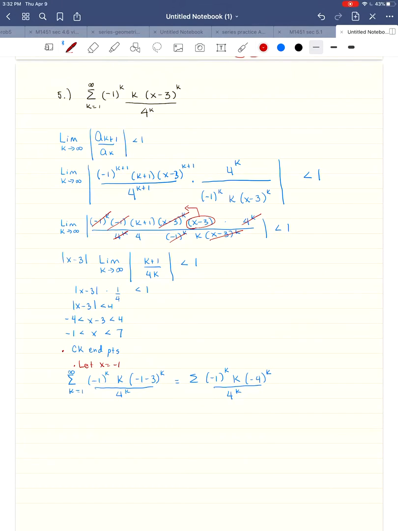So I can put these two terms here together and share the power, -1 times -4, all to the k. So that would just give us 4^k. So they'll cancel. And all we're left with is this series, which is going to diverge because the limit goes to infinity. So that endpoint is open.